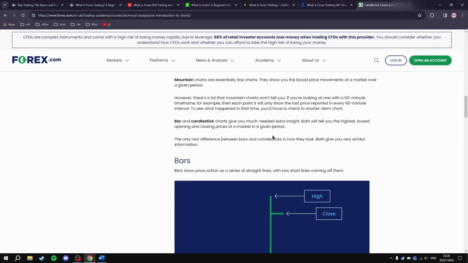However, there's a lot that mountain charts won't tell you. If you're looking at one with a 60-minute time frame, for example, then each point will only show the last price reported in every 60-minute interval. To see what happened in that time, you have to check the shorter term charts.